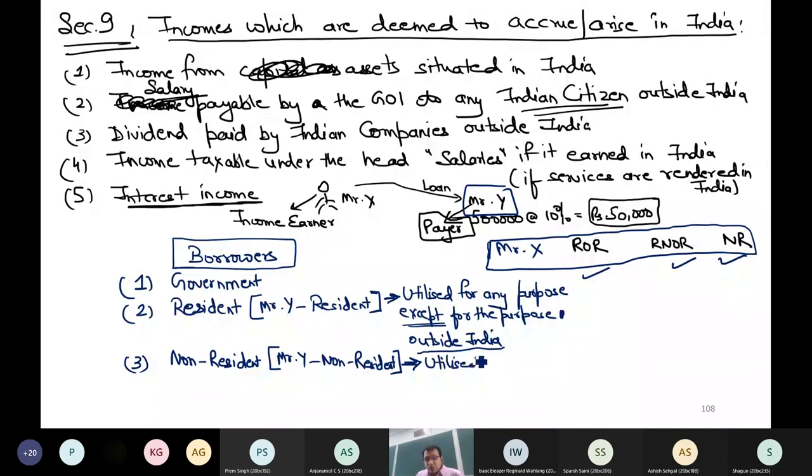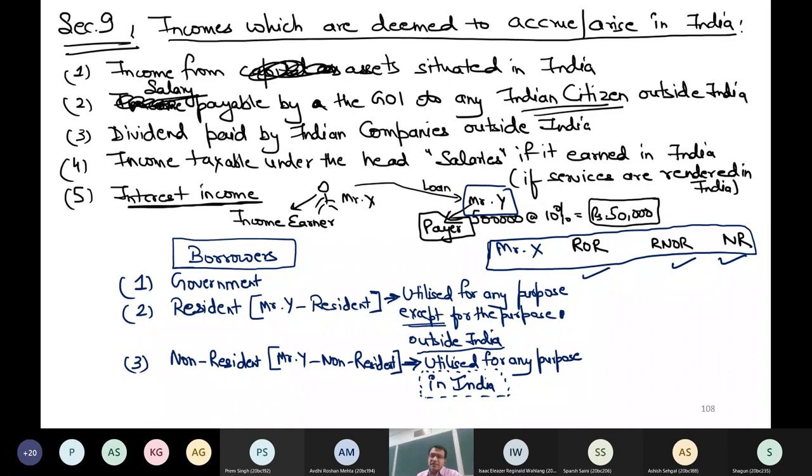If this amount is utilized for any purpose, after this, what should you write logically? In India. This is a technical provision. Now, just visualize in your mind.